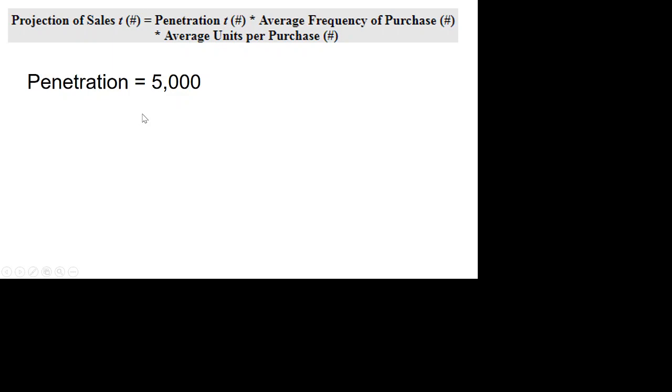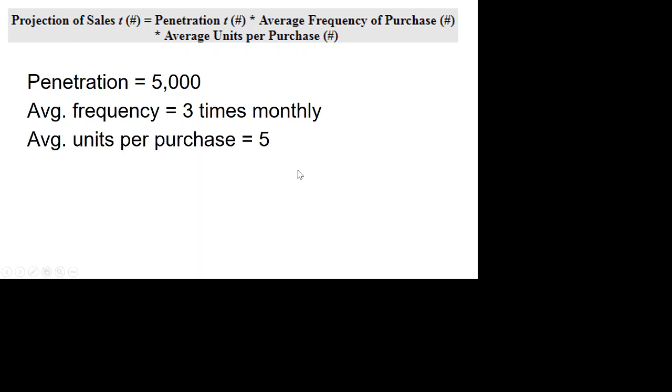You're anticipating this period you're going to have 5,000 customers. You know from historical data that customers purchase from you an average of 3 times a month, and they buy an average of 5 units per purchase. So every time they purchase, 5 units, and they come 3 times a month.